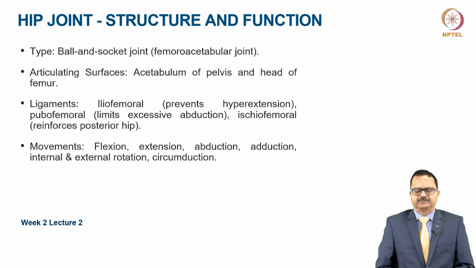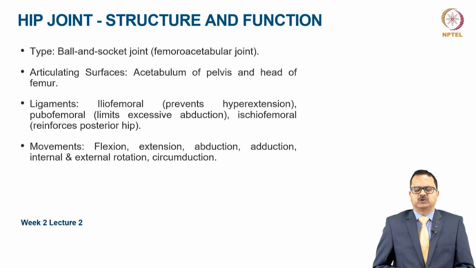The hip joint. It's a ball and socket type of joint mainly formed by the head of the femur and the acetabulum. So, it is also called the femoroacetabular joint. The articulating surfaces are the acetabulum of the pelvis and the head of the femur.